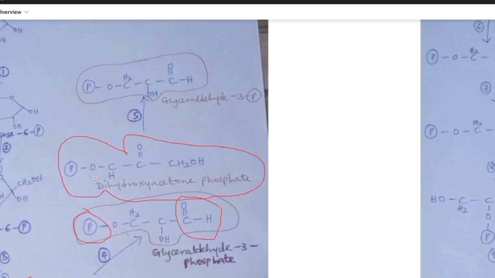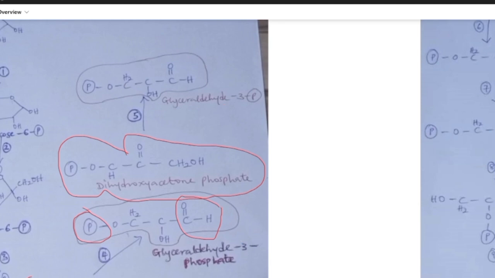This dihydroxyacetone phosphate ends up being converted to glyceraldehyde 3-phosphate in step 5.